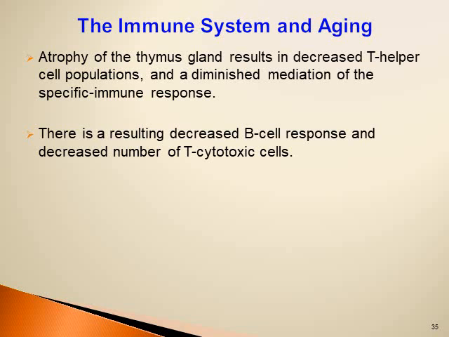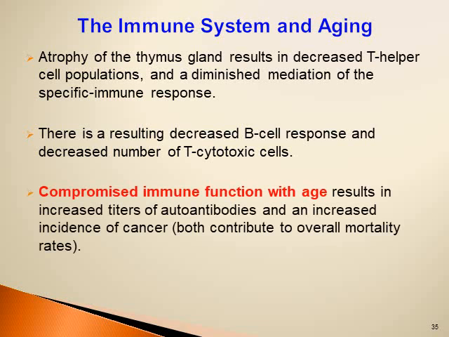There is a resulting decreased B cell response and decreased number of cytotoxic T cells. Compromised immune function with age results in increased titers of autoantibodies and increased incidence of cancer. Both contribute to the overall mortality rate in old people.